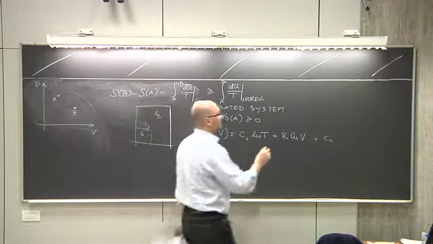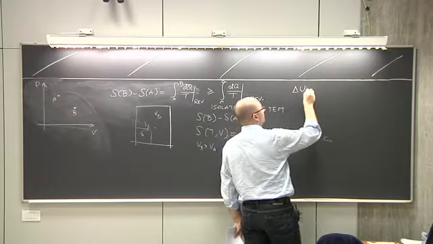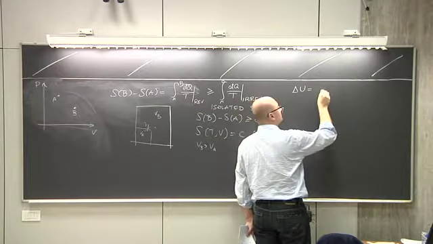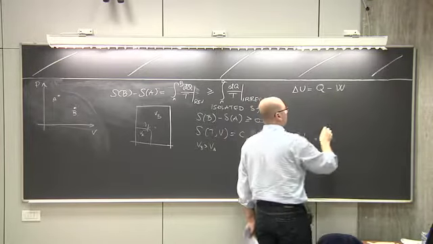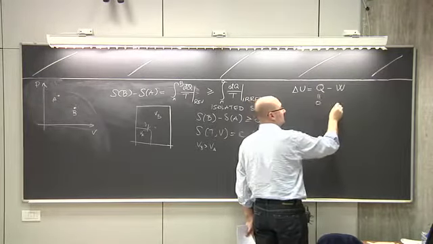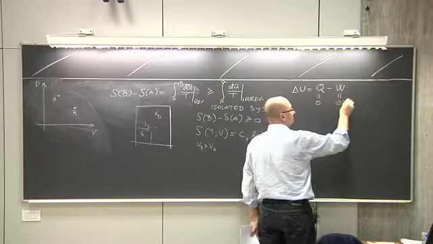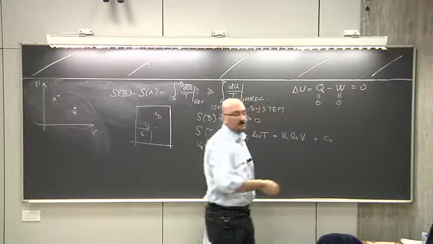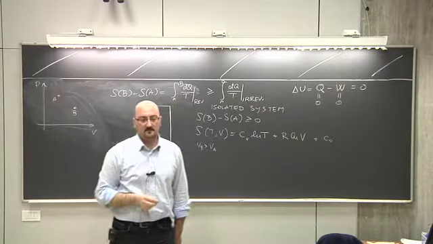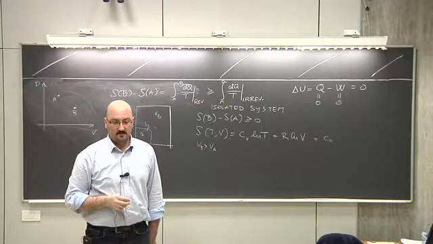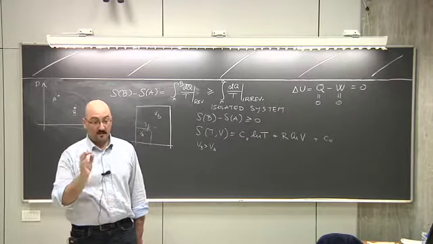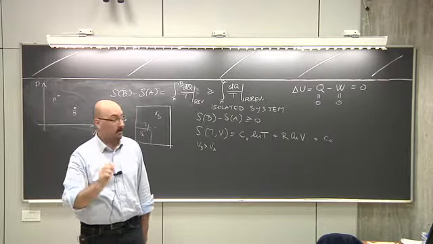The change in internal energy is equal to Q plus W. Okay. So this is 0, and this is 0, so this is 0. So what does this have to say about the temperature? The internal energy is a function only of the temperature for an ideal gas. Okay?